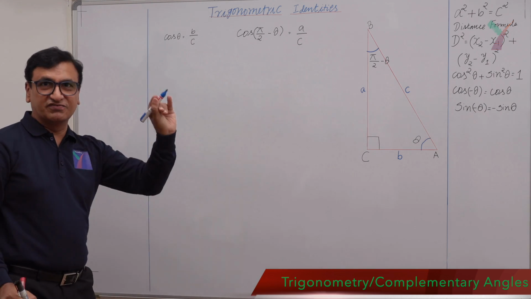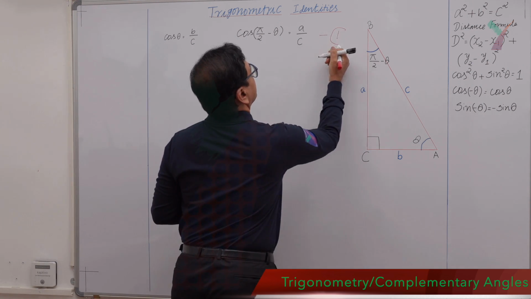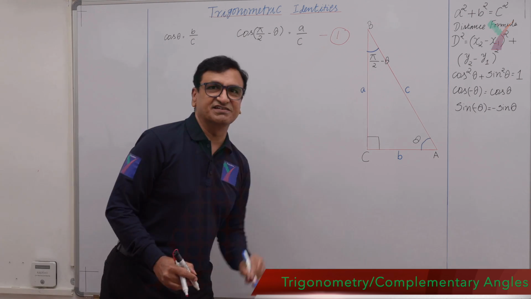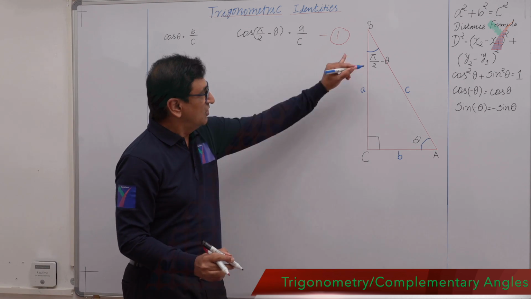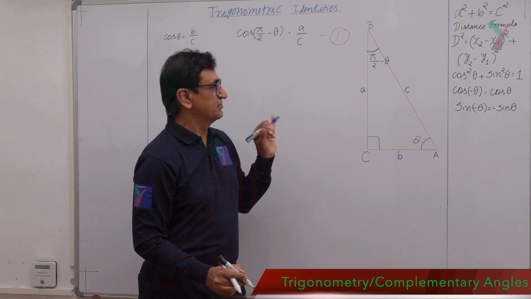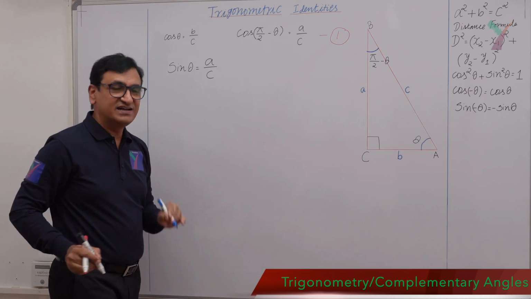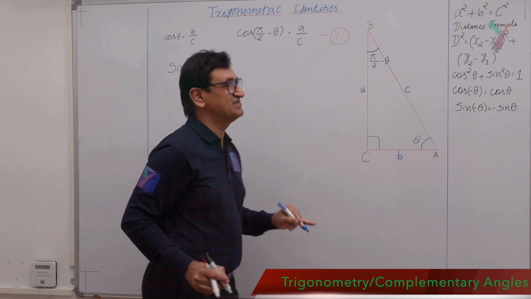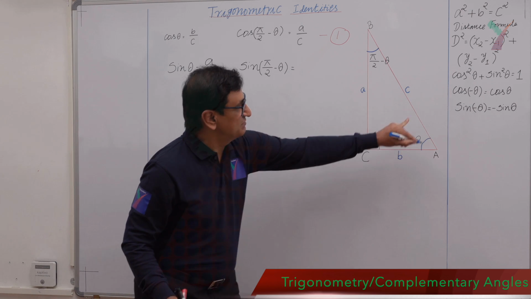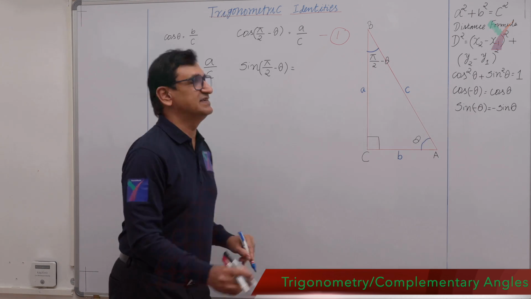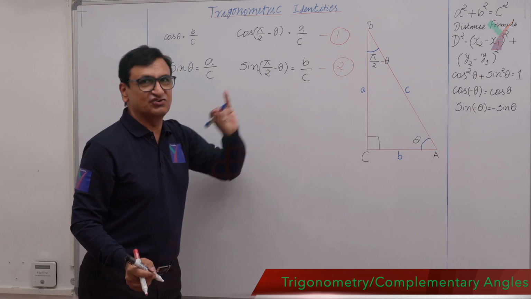Let me call this set of equations as equation number 1. Next, sin theta. Sin theta would be opposite side by hypotenuse, that is A divided by C. And sin pi by 2 minus theta is opposite side by hypotenuse, that is B divided by C. Let's look at equation 1 and 2.